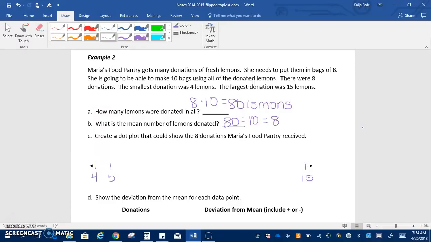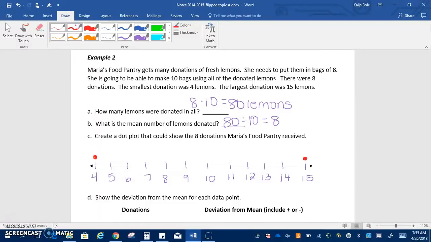Let's go ahead and do that. Okay. And then we're going to put the dots on the ones that we do know. So we do know that there was one that was 4 lemons, and one that was 15.